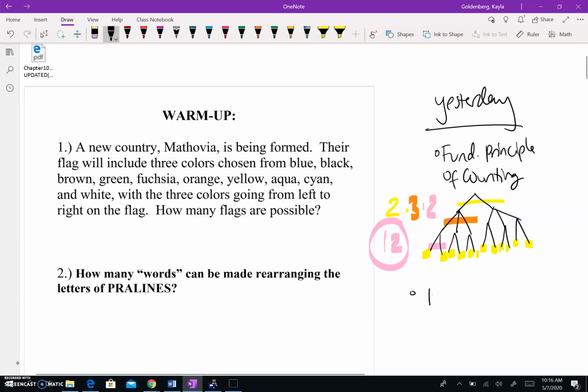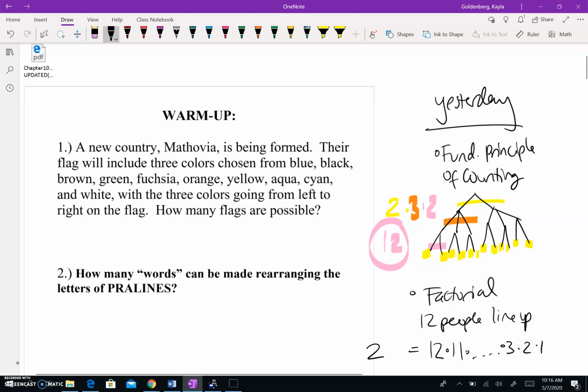The other thing we saw yesterday was a factorial. And a factorial is if you are ordering a bunch of different things like letters or people. If you have 12 people, let's say, and you want them to line up, you can do 12 people for the first, 11 people for the second, and so on, 3, 2, 1.